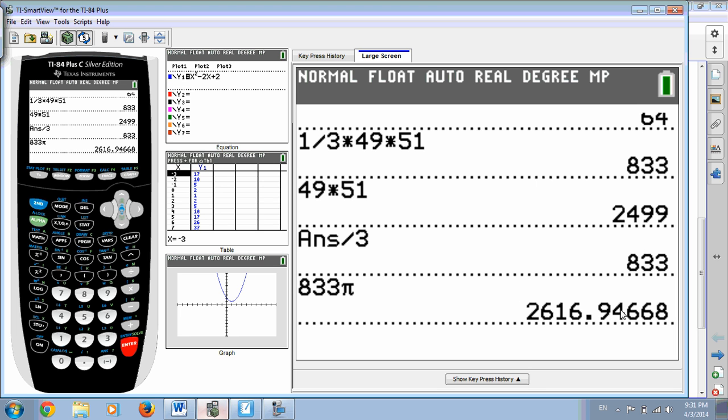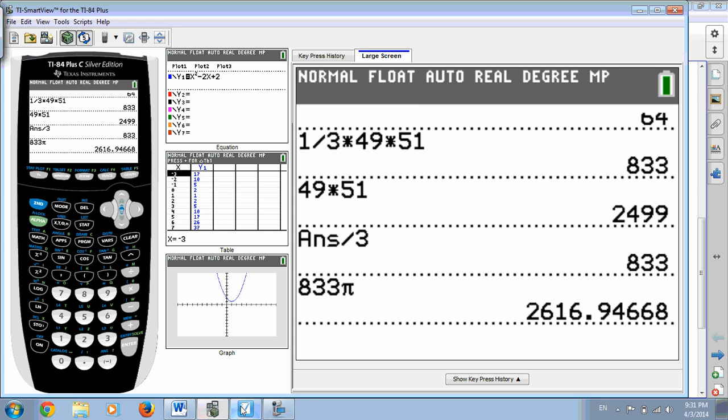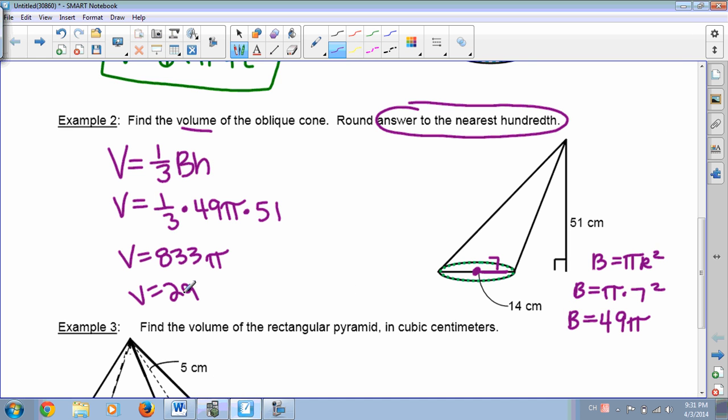So 94, and then there's a 6 after the second decimal place. So that would round it up to 2,616.95. So 2,616.95 centimeters cubed. Okay.